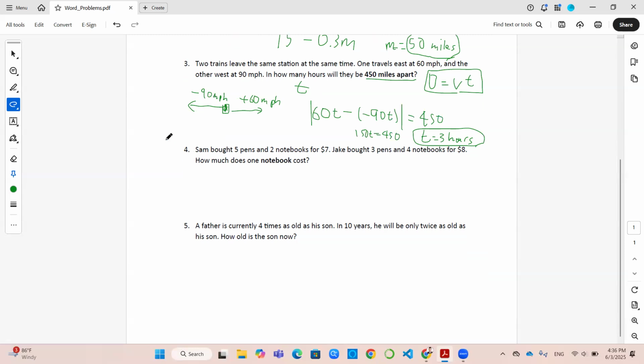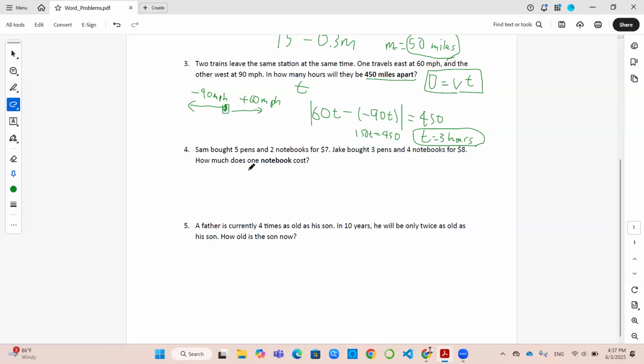Okay, question number 4. Sam bought 5 pens and 2 notebooks for $7. Jake bought 3 pens and 4 notebooks for $8. How much does one notebook cost? I can set up a system of linear equations here. So we have 5 pens and 2 notebooks for $7. However, we don't know how much one notebook costs, and we don't know the price for the pens.